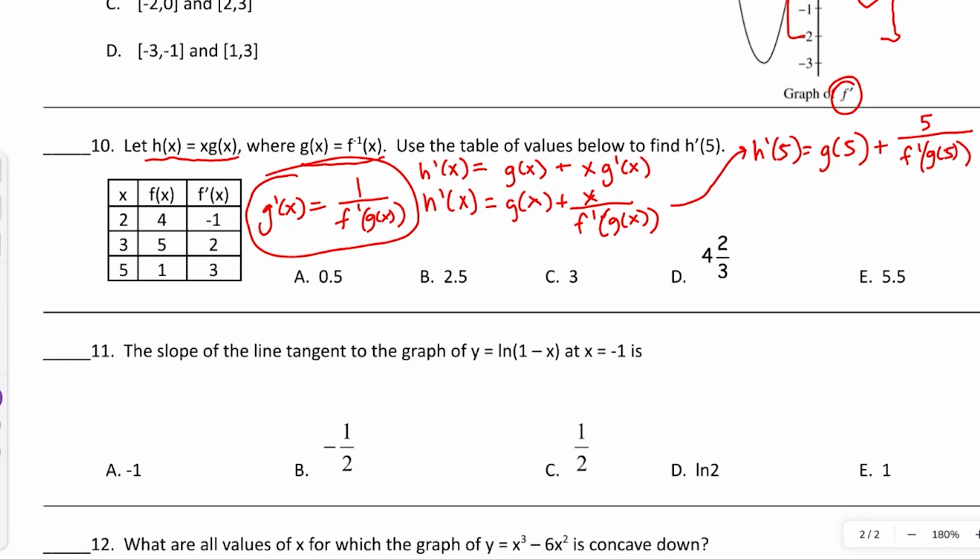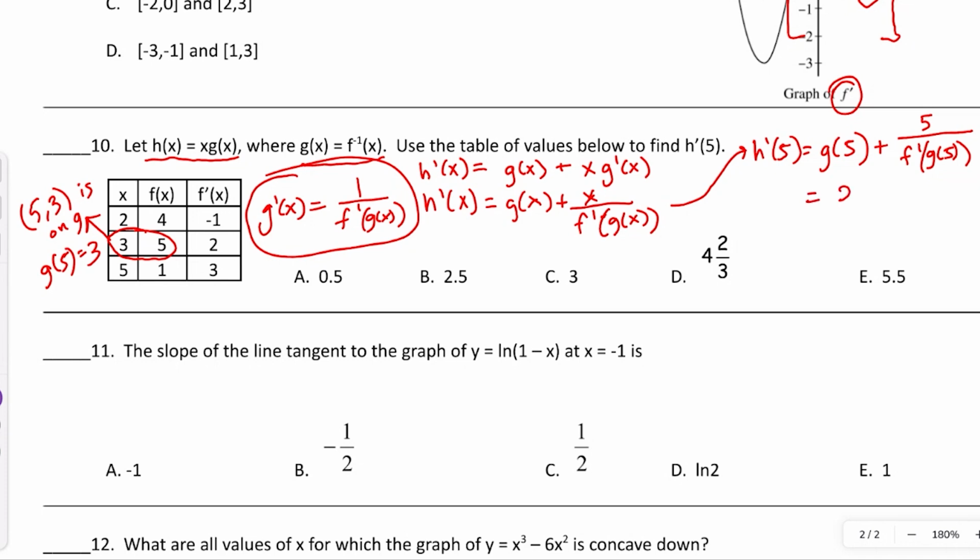So let's take a look at that table and figure out what is g of 5. Well, if 3 comma 5 is on f of x, then 5 comma 3 is on the inverse of f of x. So 5 comma 3 is on g. In other words, g of 5 is 3.